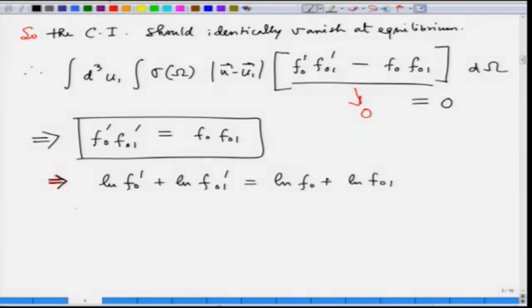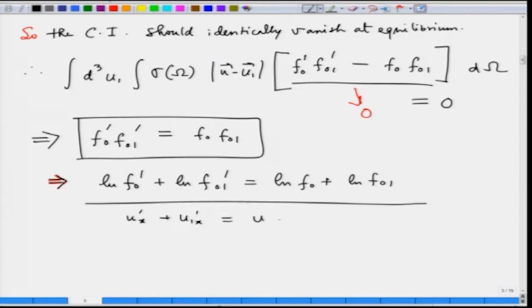So, you see that this is simply like, when you talk about the momentum conservation or energy conservation before and after the collision, let us say the particles are of equal mass m, then for example for momentum conservation, let us say for x component conservation, you say u prime x plus u1 prime x is equal to ux plus u1x. This type of thing we write for momentum conservation.